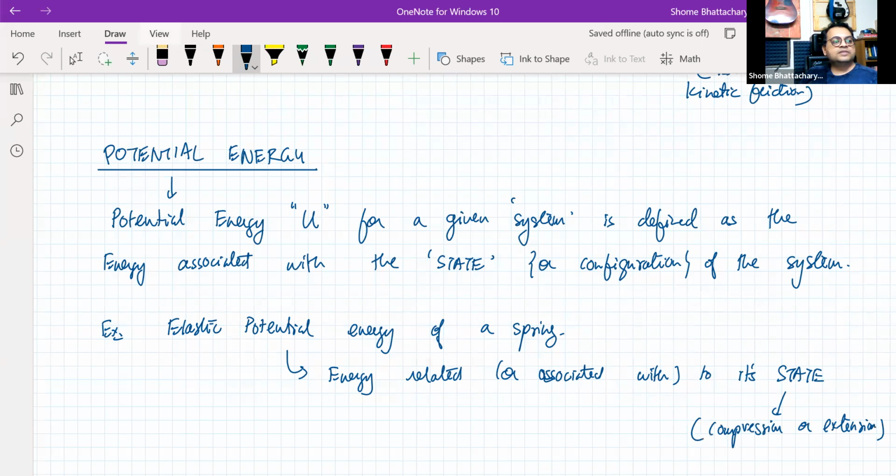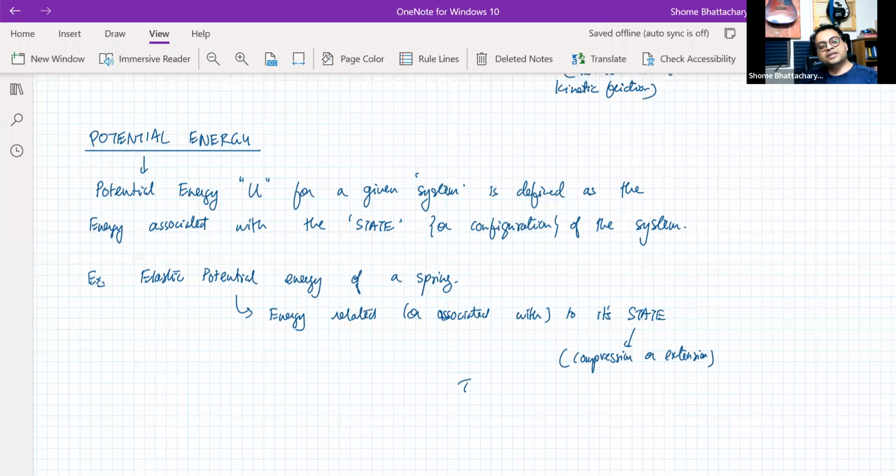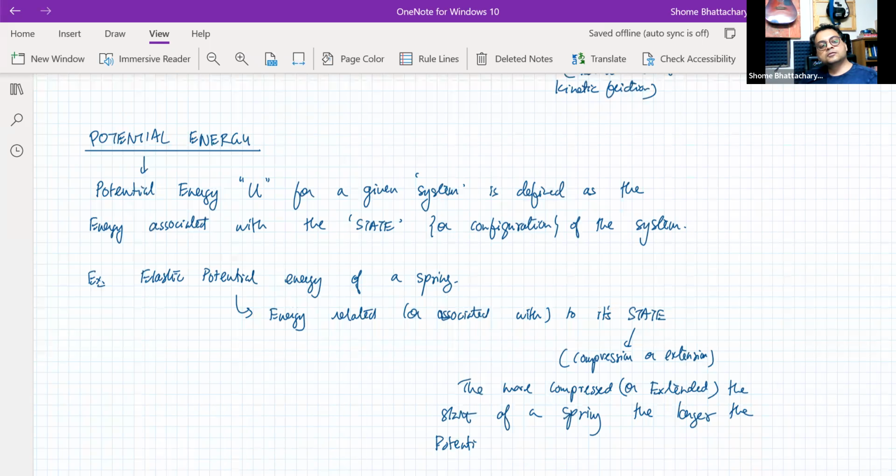Intuitively, we understand that the more compressed or extended the state of the spring, the larger the potential energy it's storing. And as opposed to that, when relaxed, that is at natural length, it has zero potential energy.